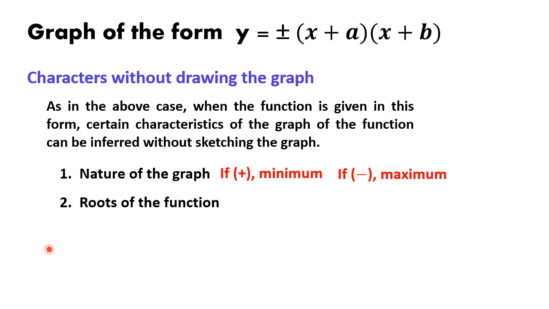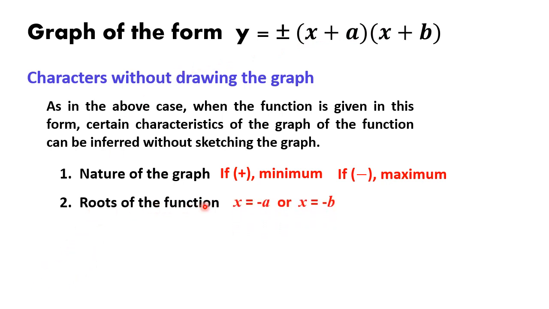the graph form is already factorized, x plus a into x plus b. The quadratic equation, when in the factorized form, you know that factors easily can be determined from the pattern of the equation. In this equation, when y becomes 0, we can get the roots x equal minus a and x equal minus b.